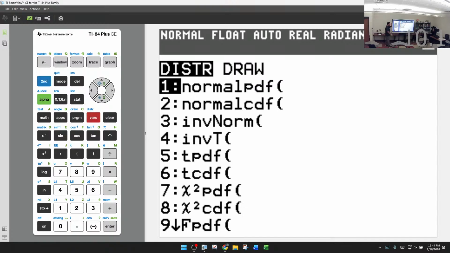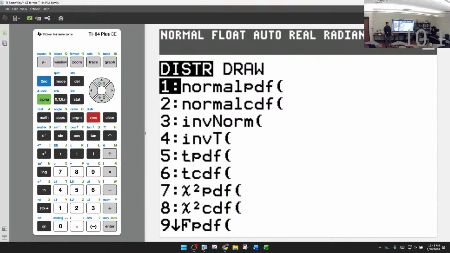Second, distributions. We have a normal distribution. Normal PDF we don't ever use. Normal CDF we do. Inverse norm we do. Inverse norm finds the z-score. Then there's inverse T.